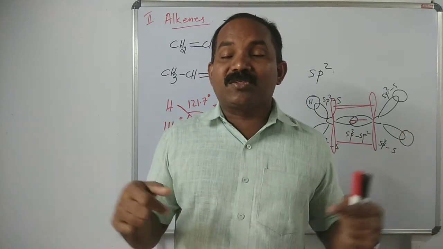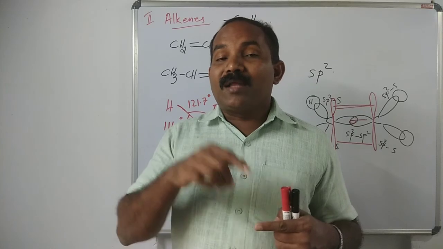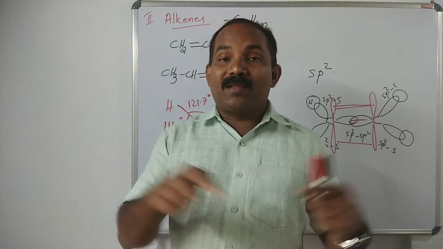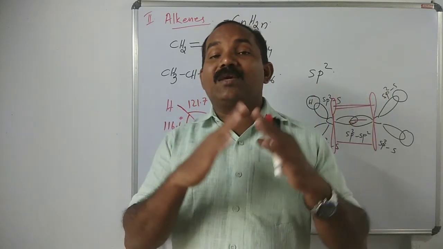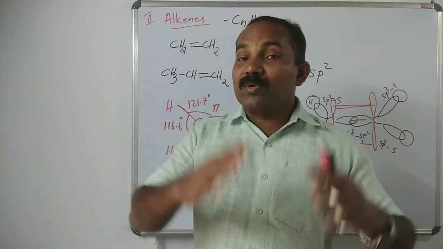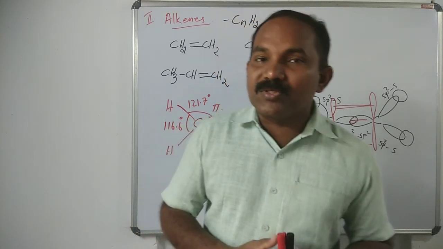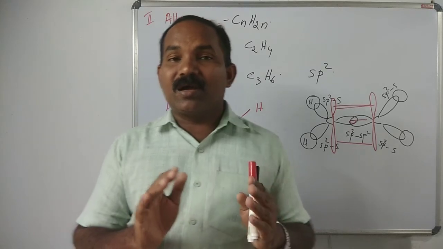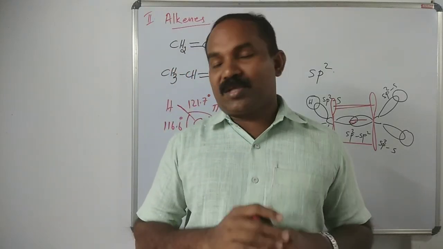The orbital perpendicular to this plane laterally overlaps and forms a pi bond. So there is one sigma bond and one pi bond between the carbon atoms. All these things you learned in the 4th chapter.